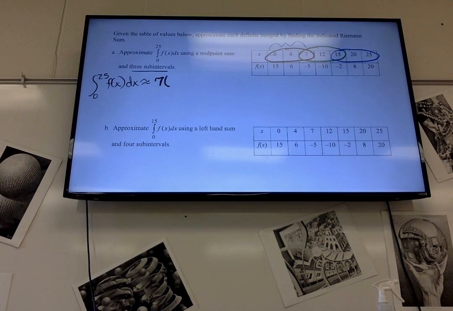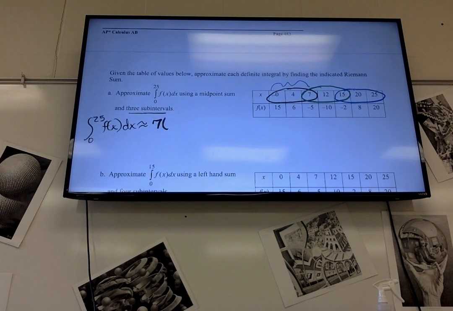And then it's a midpoint sum. So that means when we draw in the rectangle, say you have f of x that looks like this. When we draw in our rectangle and it's going from 0 to 7, at 4 is the middle of the rectangle, that's where it's touching the curve.